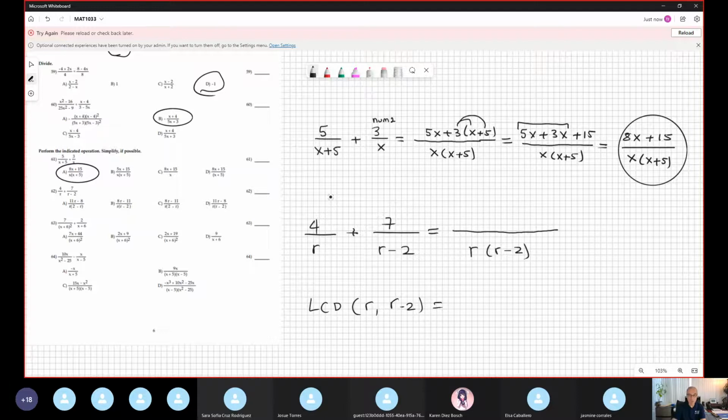It's obvious. Let me use color. If you divide, let me use red color, LCD divided by R, this R is canceled, and stay alive, R minus 2 times 4. So you copy 4 times R minus 2.